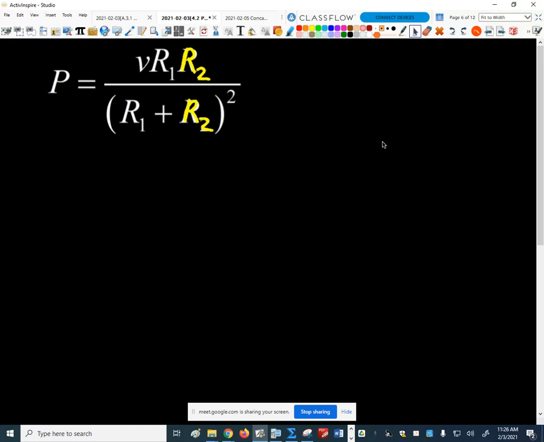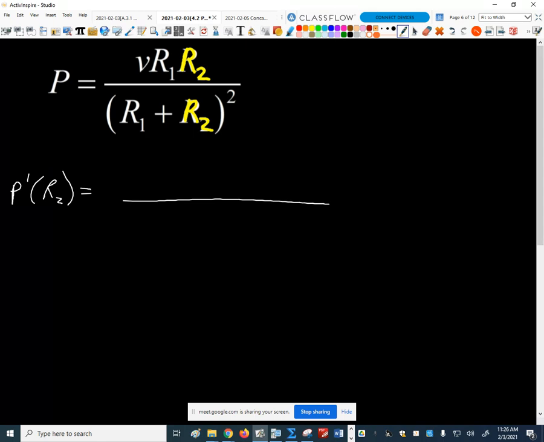It's P of R2. That's what we've got to calculate here. So let's go ahead and just use quotient rule here. So help me out with this, right? Low D high minus high D low on this one.